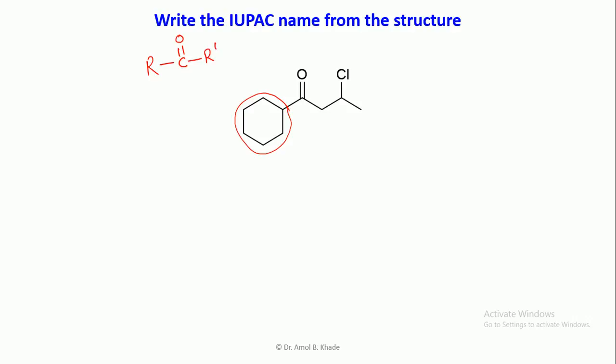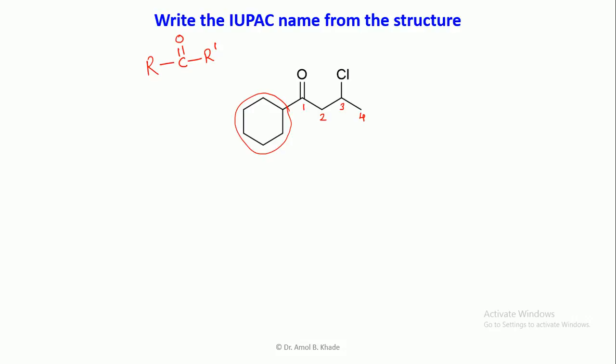So in such case, when cyclohexane type of substituents are present, then this carbon will get number 1. Then we have to give number in this way. So here the chlorine will be placed at carbon 3, and then this cyclohexane will be considered as a substituent. So we can easily write the name.